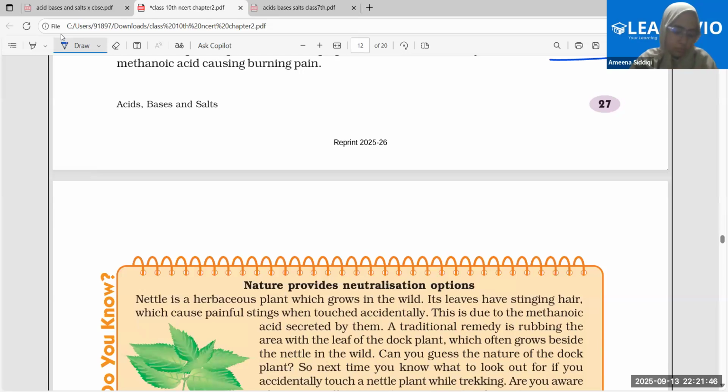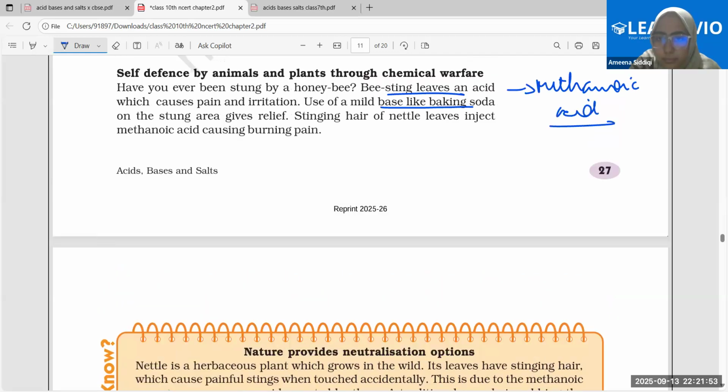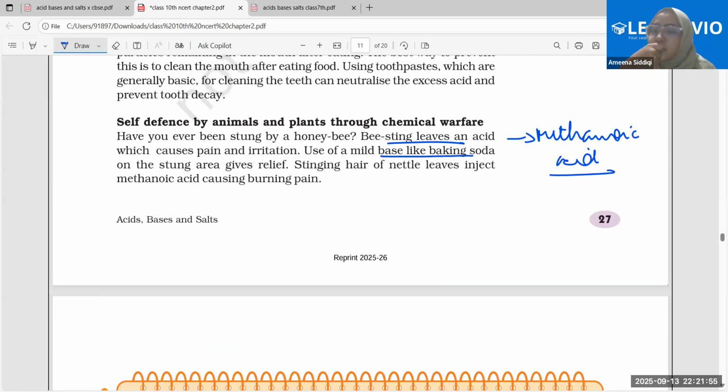Why can't we use washing soda here? Why are we using baking soda? Yes, Neha. Is it because washing soda is slightly more acidic than baking soda?